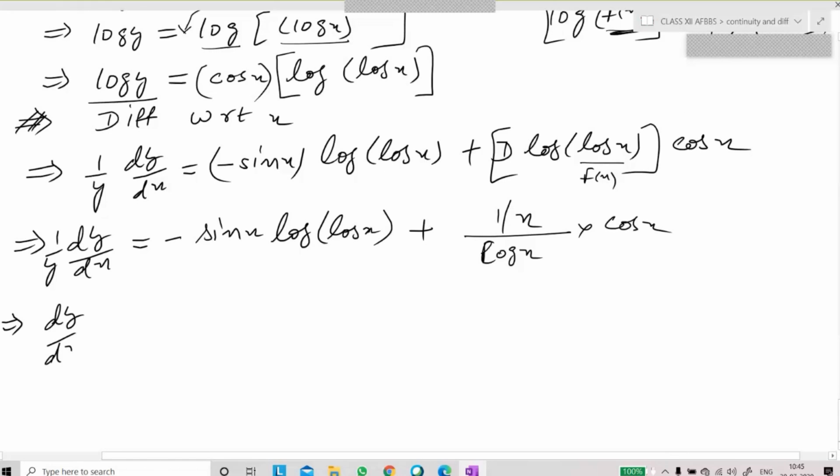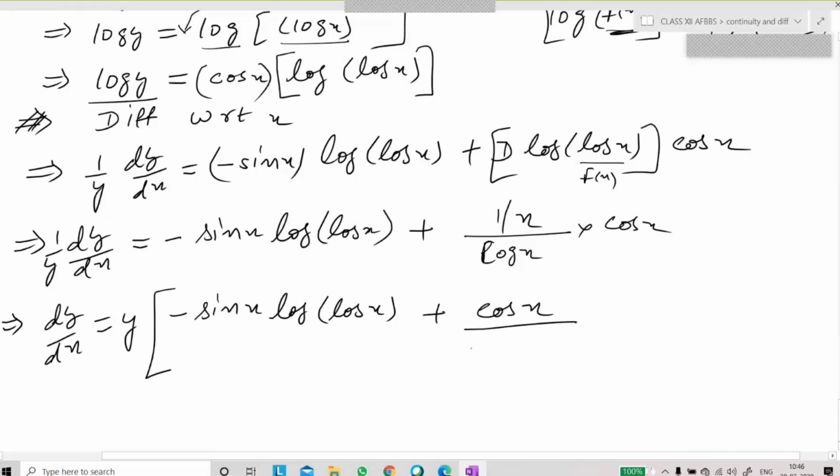And in the last step, dy by dx is equal to y is to be multiplied on right hand side and we will have minus sin x log of log x plus cos x upon x log x.